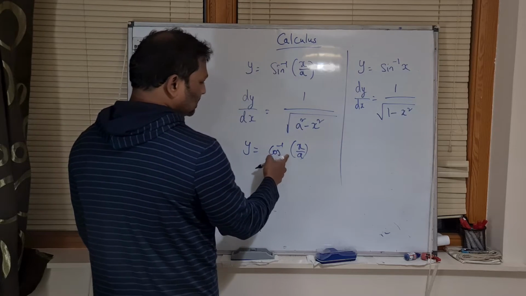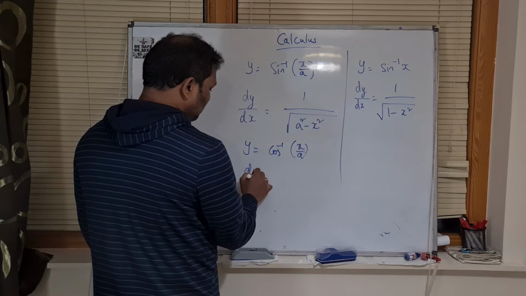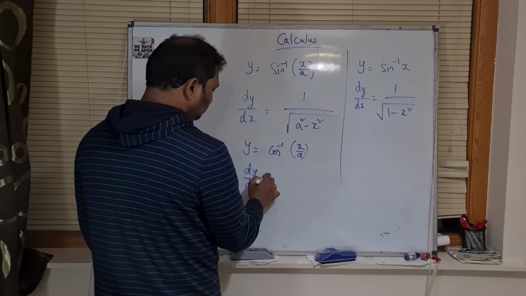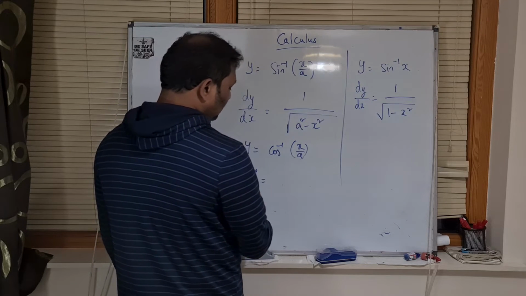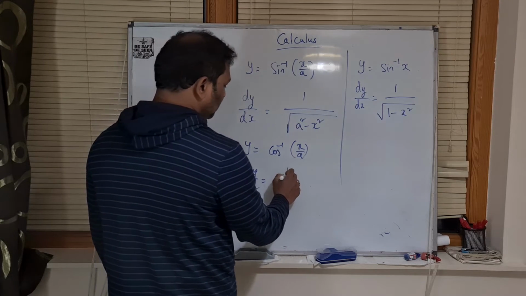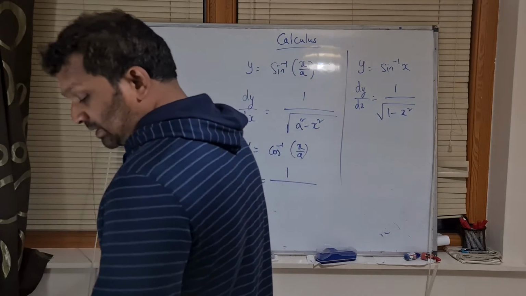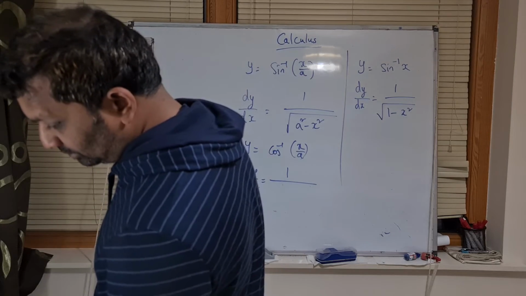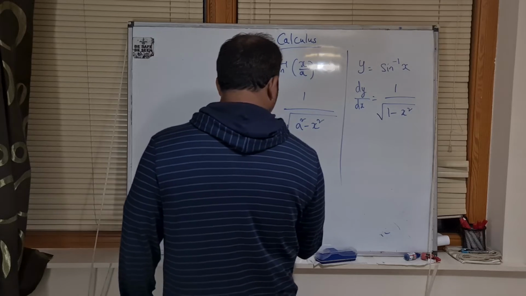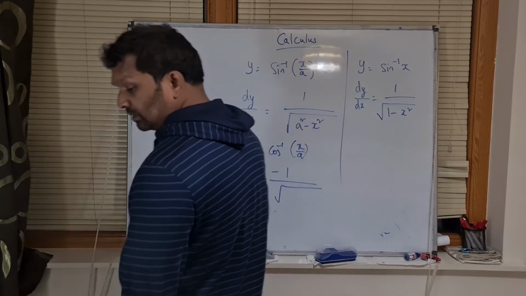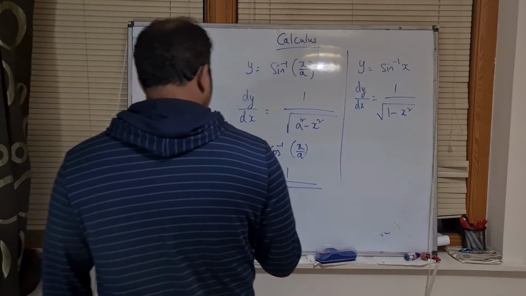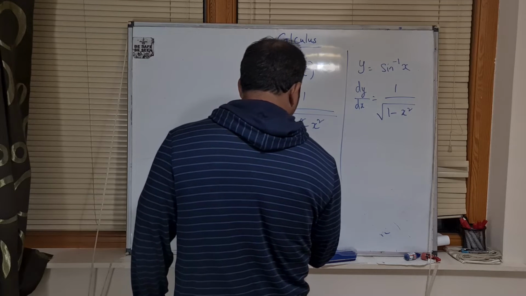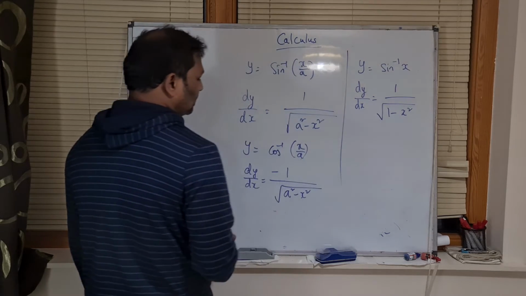Say if y is cos inverse x by a, the differentiation of y with respect to x is going to be minus 1 by square root of a square minus x square. So it is the same as this one only, but it's going to be minus 1 here.